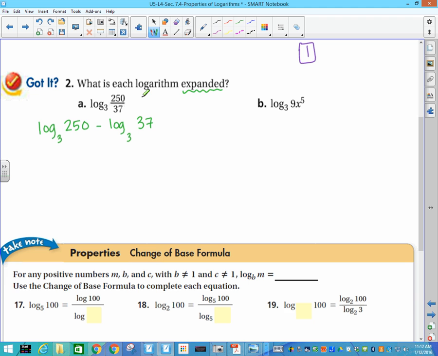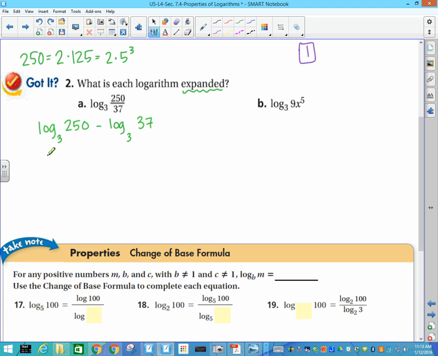And that being said, you can stop if your number's prime. Remember, prime is a number that has exactly two factors, 1 and the number itself. So this number is prime, but that number's not prime, so I have to go break it up. The smallest prime that we have is 2, and 2 goes into 250, 125. Basically, you're trying to break it down to primes. So 125, we already discussed earlier, was 5 to the third.